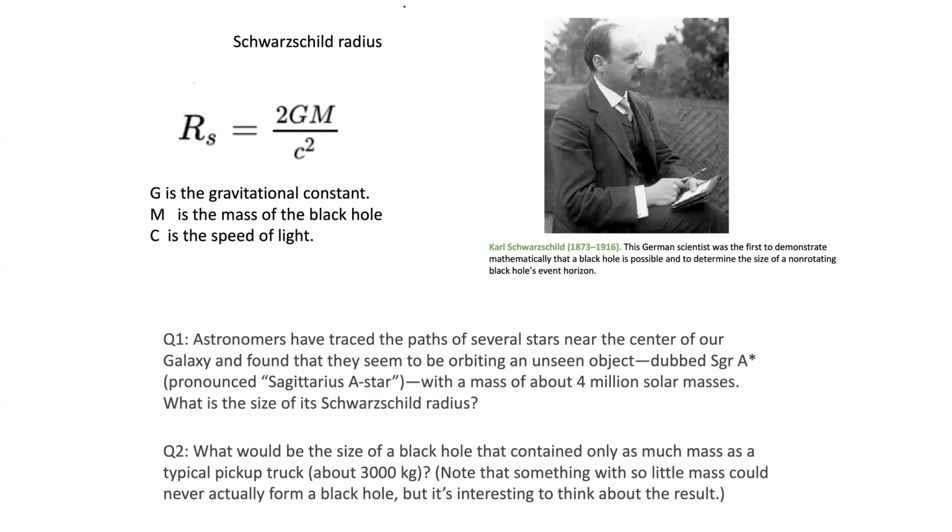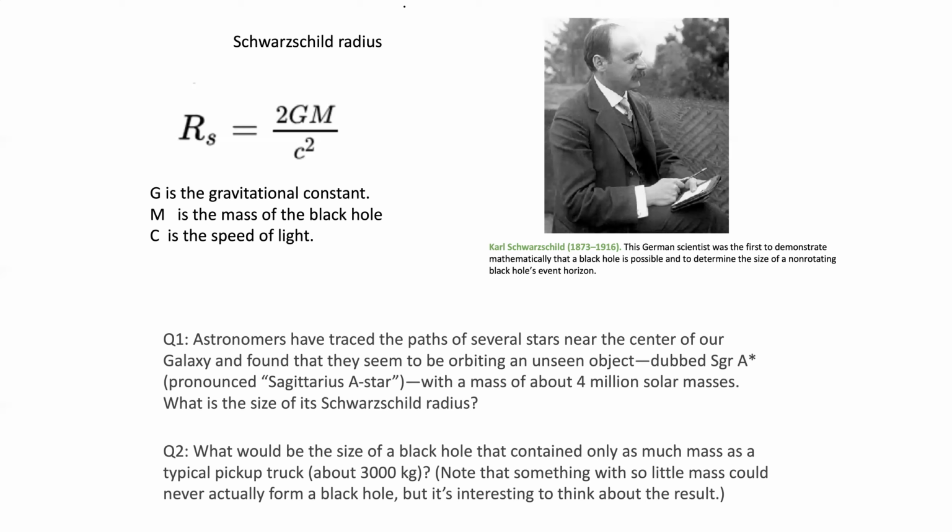What is the size of its Schwarzschild radius? You are given the mass as 4 million solar masses, and you plug that value into this equation to find the Schwarzschild radius, in fact, for the supermassive black hole at the center of our galaxy.